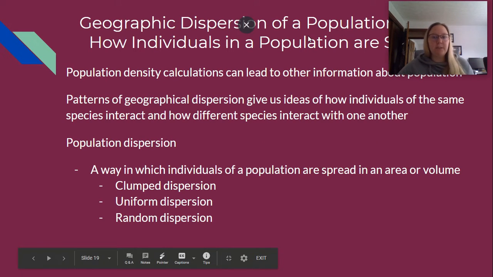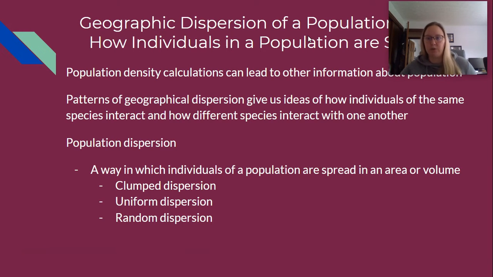So graphic dispersion. So we can graph how populations are dispersed over their area. The calculations can lead to other information about the populations. Patterns of geographical dispersion give us the ideas of how individuals of the same species interact with each other and how they interact with different species.